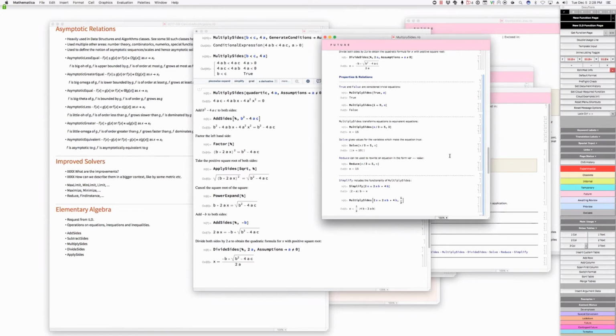Right, so I have an equation x over 3 equals 5, and I can transform that to x equals 15. Okay. You're using reduce here, and you're using solve here. Oh, I see. He just showed that they give the same result. Yeah, right. Okay. So basically you can combine enough multiply sides and divide sides and add sides to give you reduce-like simplifications, assuming you can get there with only those operations.